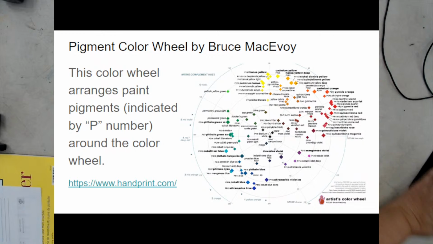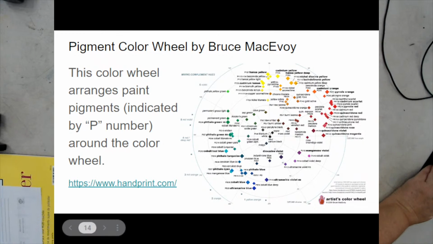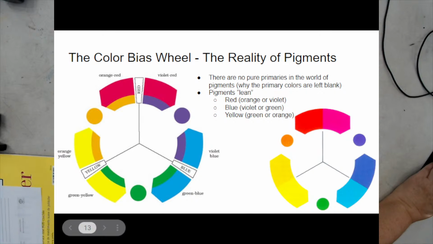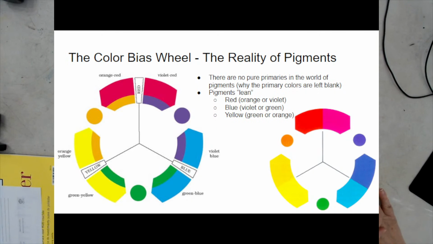Oh, you know what? I should go back. I want to go back to this because I want to explain. This color wheel came from a book that I had read, I guess more than a few years ago now. It's called Blue and Yellow Don't Make Green, and it's by Michael Wilcox.